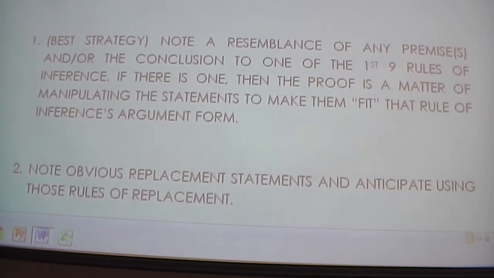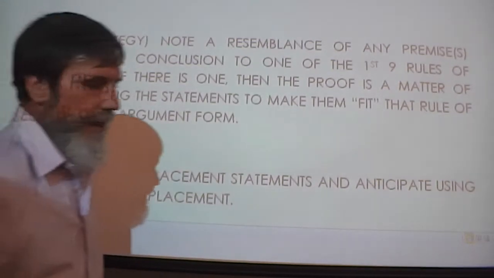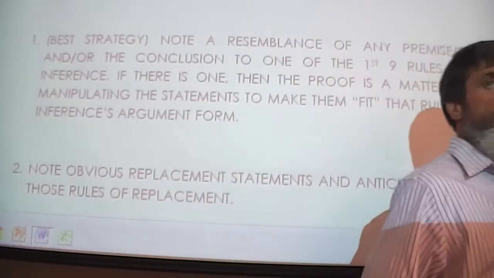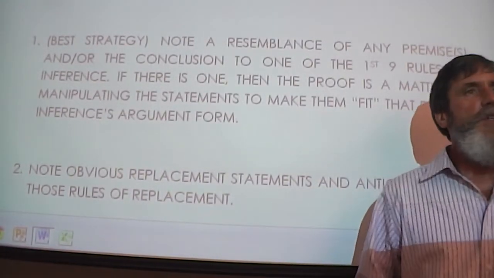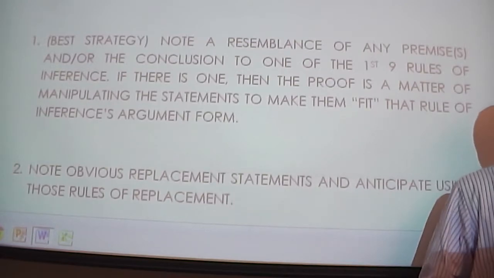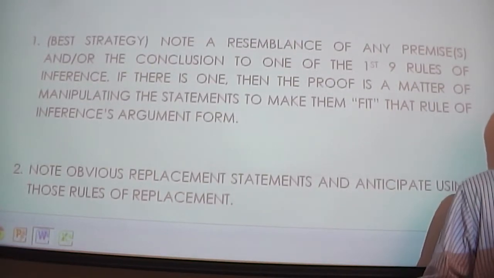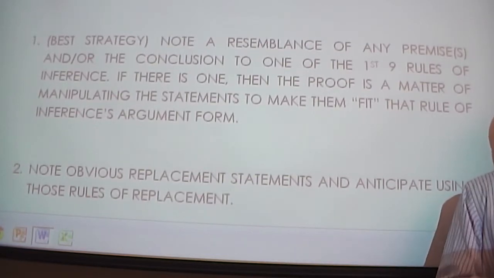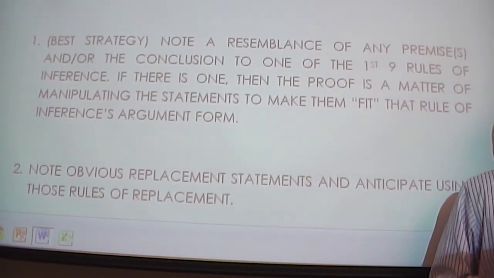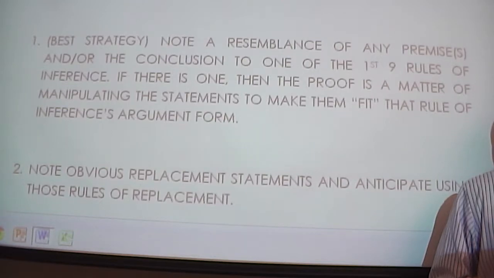Number 2 is similar to something that we did before with our 9 rules of inference. That is, remember, we looked at our premises and asked, what can I use these for? What can I do with them? You still should go through that preliminary procedure. We don't have time to do that right now. I'm going to trust you to notice what you can use your premises for.